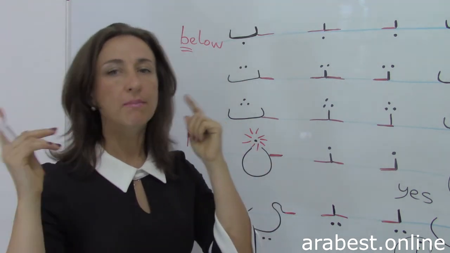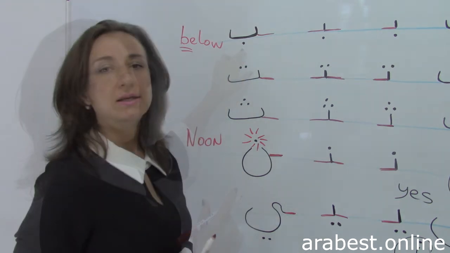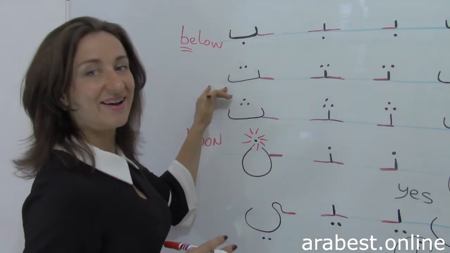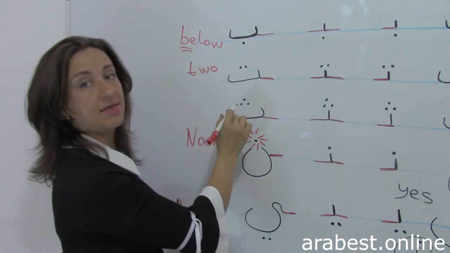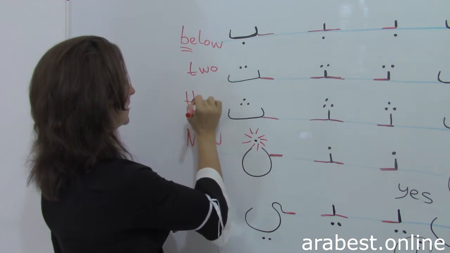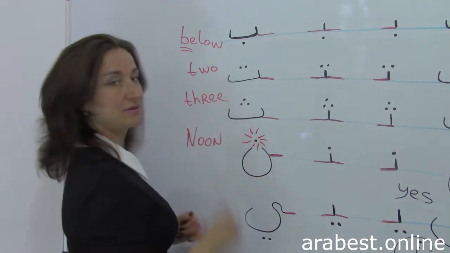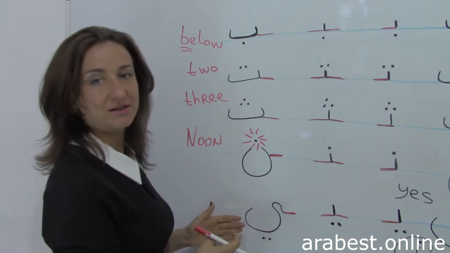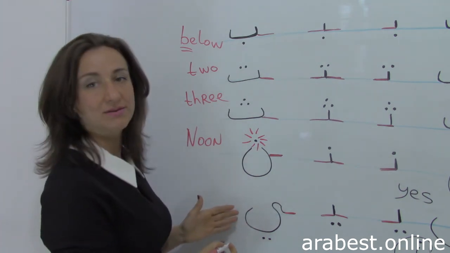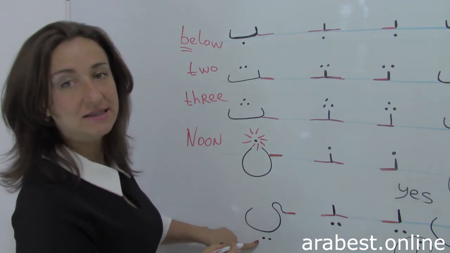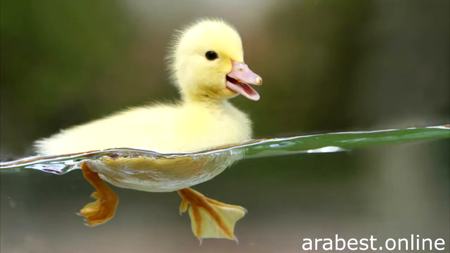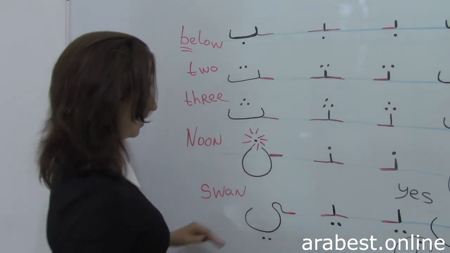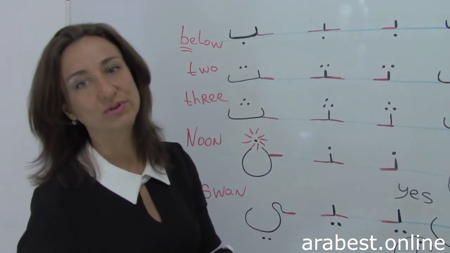So, letter ta, two dots. Letter tha, three dots. And our duck, our swan, has his feet below the line. Just remember, this is the swan, and the swan has his feet under the water.